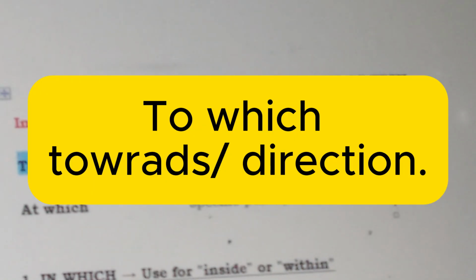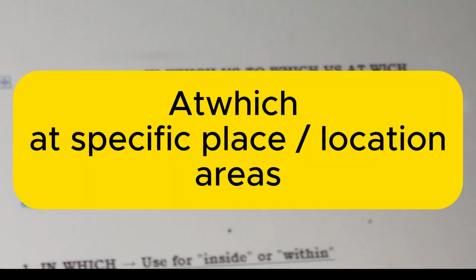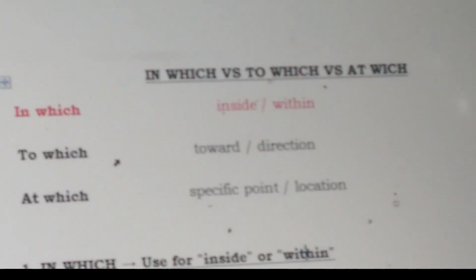We use in which for that. When we use to which, it is something toward directions, movement from one place to the other. And at which, we use for something at a specific place, a specific location, a specific time. So at that time we have to use these elements.